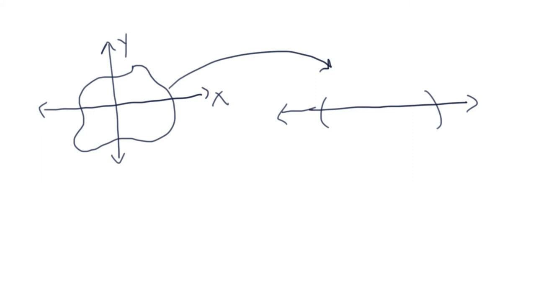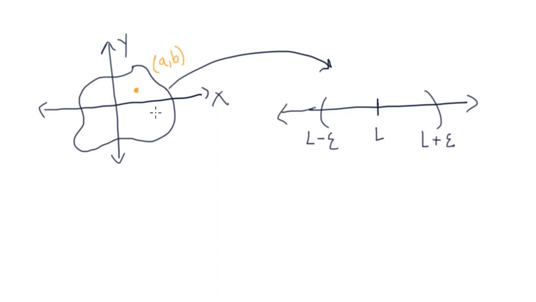Now if we take a point in this region, call it (a,b), then we have a number L over here, and here's L plus epsilon, here's L minus epsilon, so this is a little open interval around L.